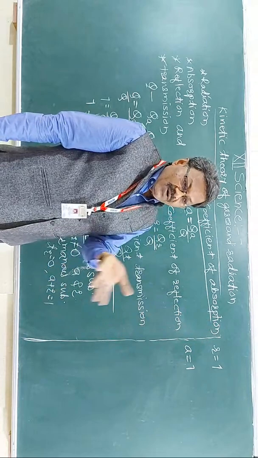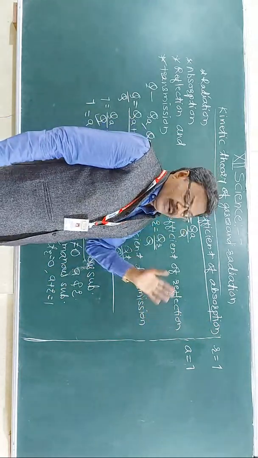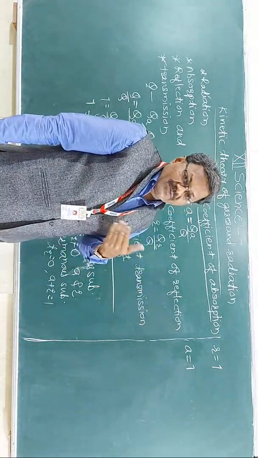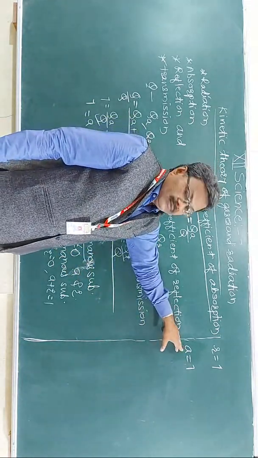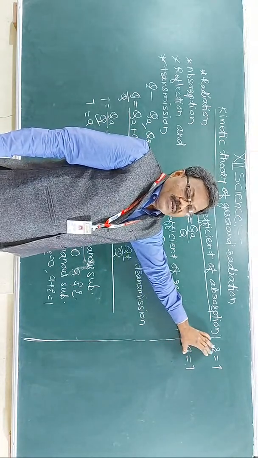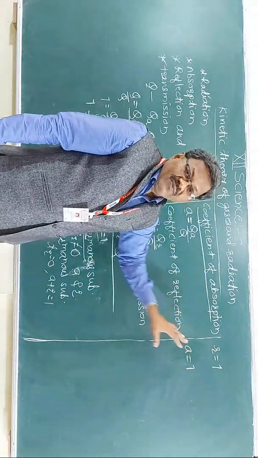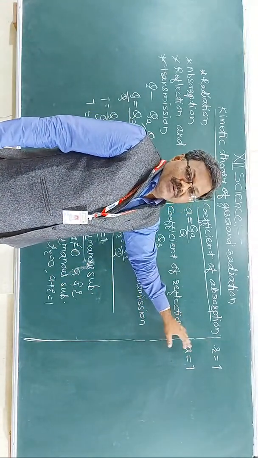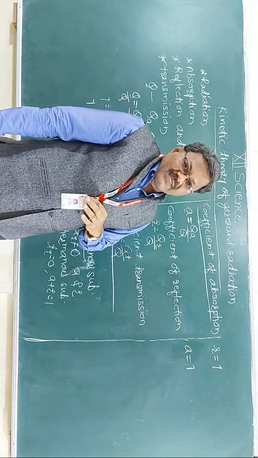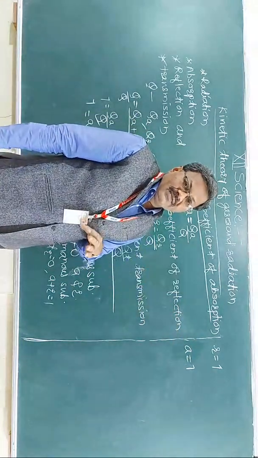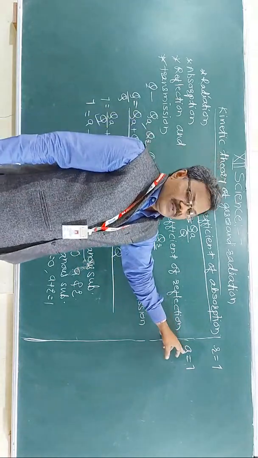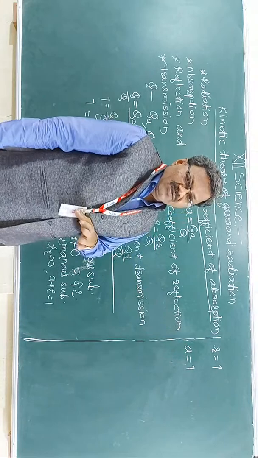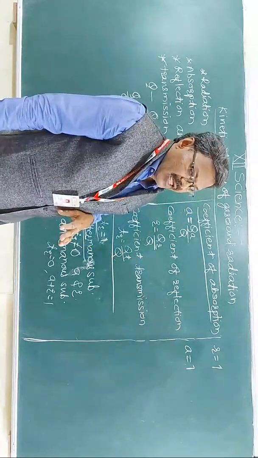It absorbs all the radiant energy or thermal energy incident on it, and since it absorbs maximum energy, it also radiates maximum energy, so emission is maximum. When a body absorbs maximum energy, it also radiates maximum energy. Therefore, the coefficient of absorption is maximum, and this body is called a perfect black body.